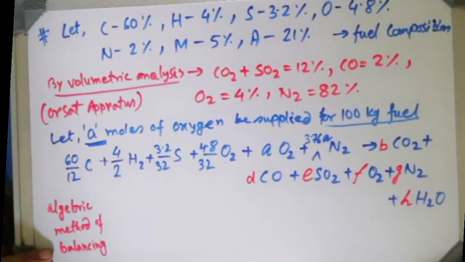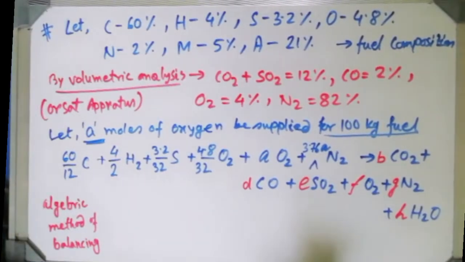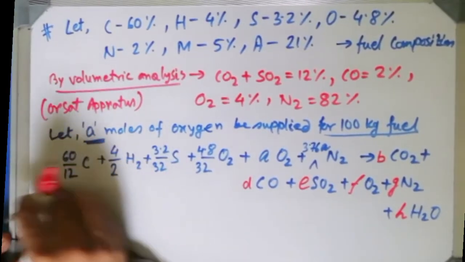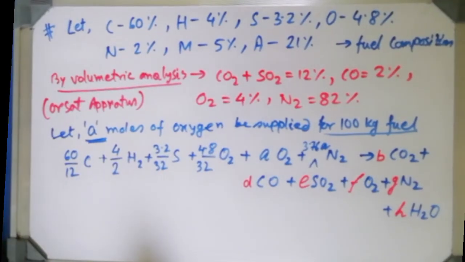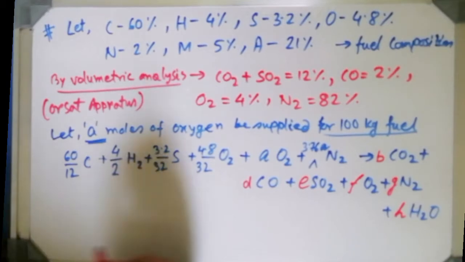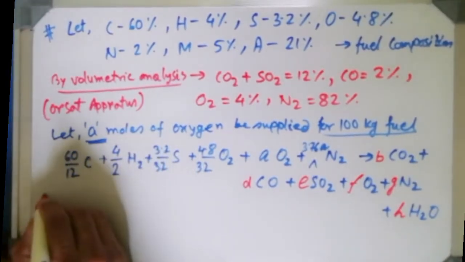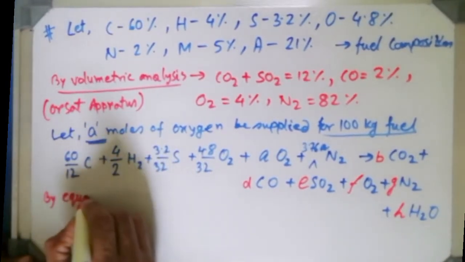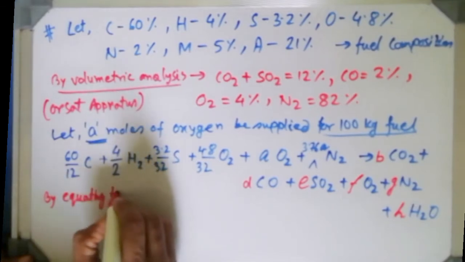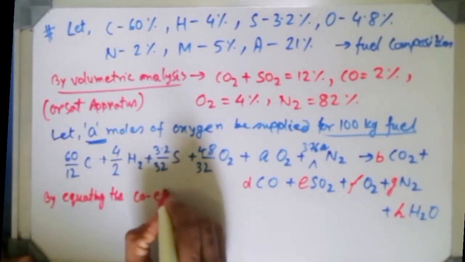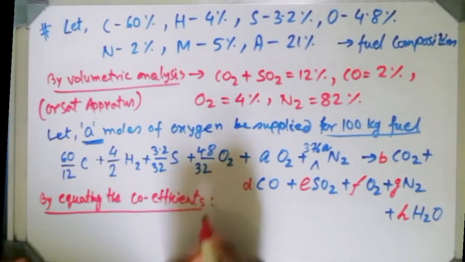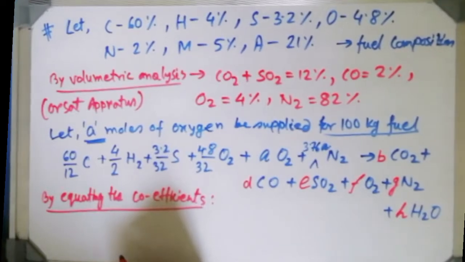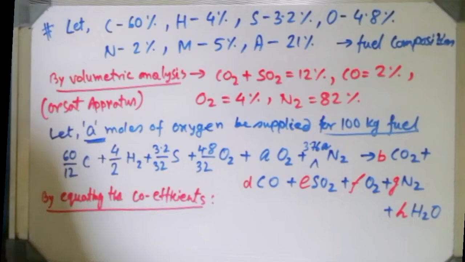So I can write here, by equating the coefficients. By equating the coefficients, what can we write? For carbon, see here in the output part, carbon is here and here.